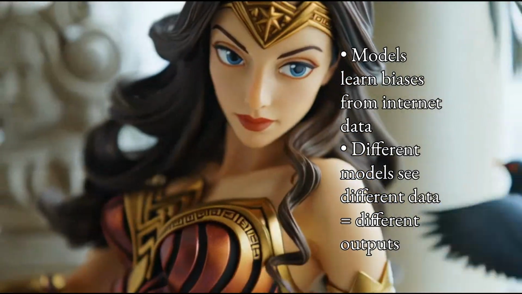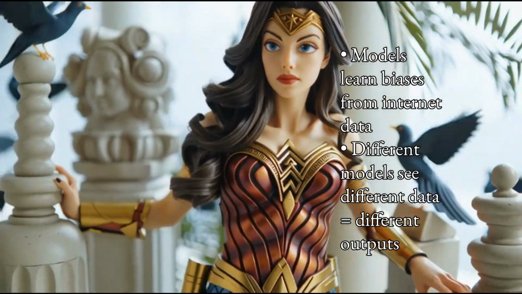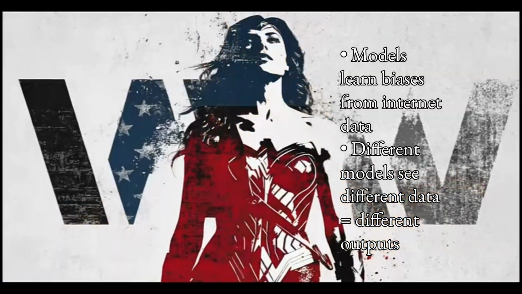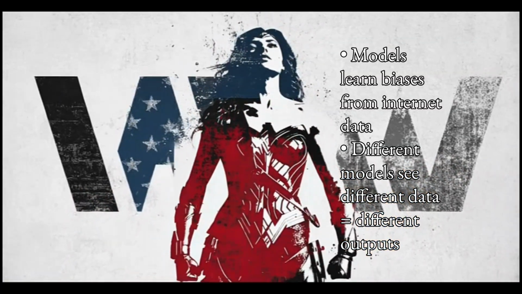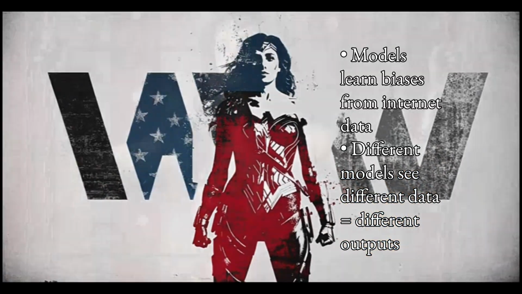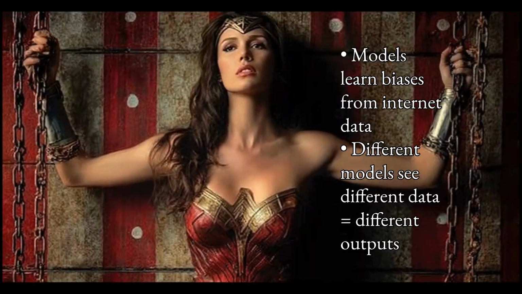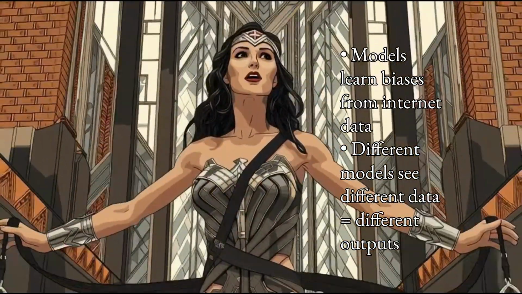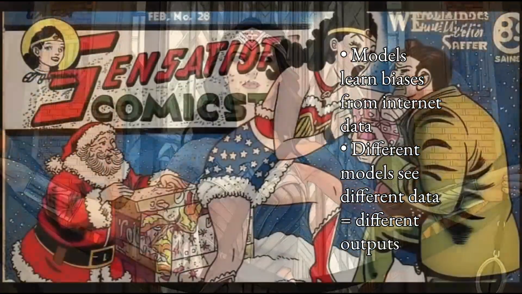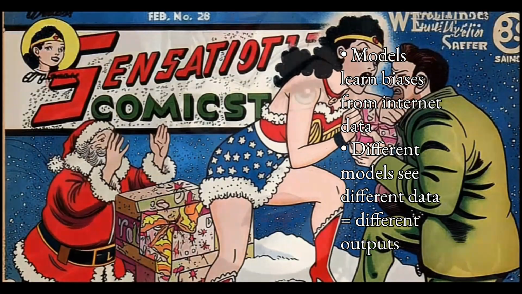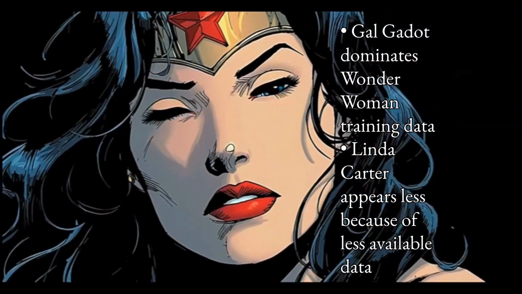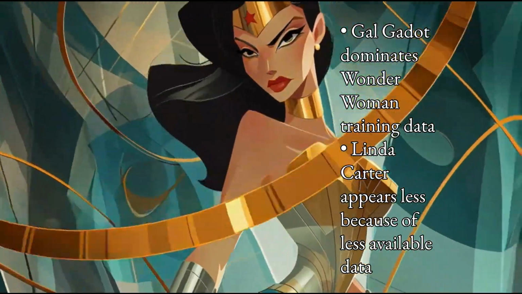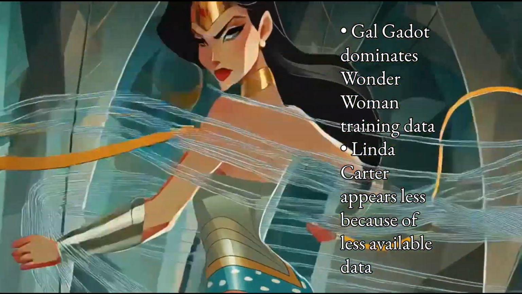To get something that looks like her, and again, it rarely looks exactly like her because these are probabilistic machines. They just look at patterns and probability distributions. But if I just put in Wonder Woman and over and over again it looks like Gal Gadot, it means Gal Gadot dominates the data associated with the term Wonder Woman.